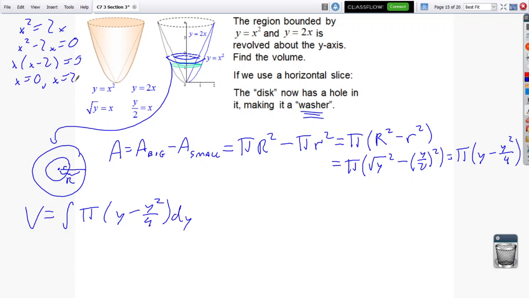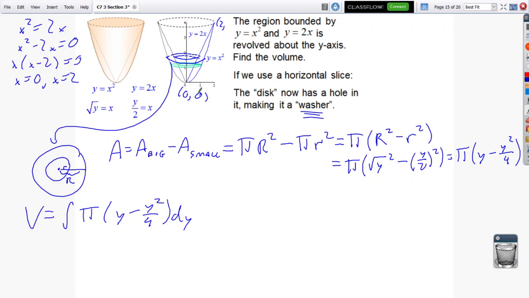And x is equal to 2, but I do recognize, since I'm doing my horizontal slices here, I'm going from the y equals 0 up to this y value up here. I do need to acknowledge what my y coordinates are here, so I've got 0, comma something, and 2, comma something else. To find that something else, choose whichever equation is easier to plug into.